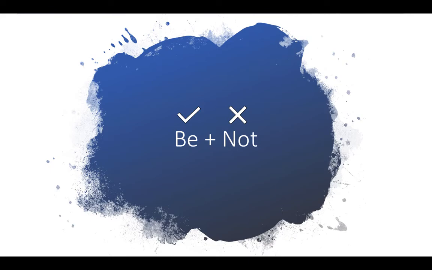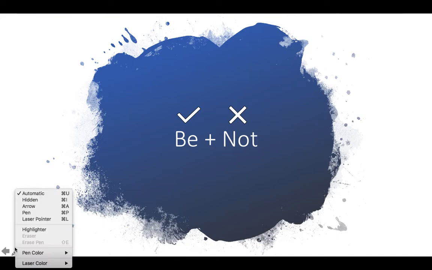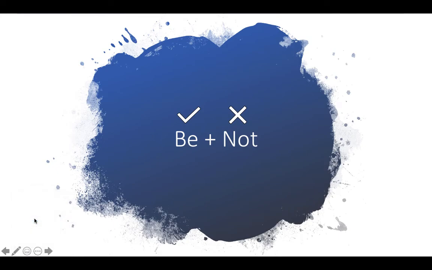Okay, so today we are going to cover how to make negatives with the verb be. So that's going to be be and not, which means no or negative.